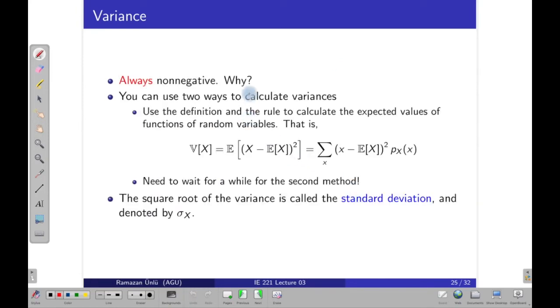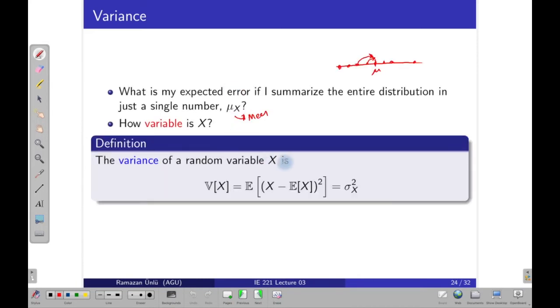The variance is always non-negative. Why? Because here we take the square of x minus the expected value of x. And this makes sense because, if we don't take this square, some distances will cancel each other.